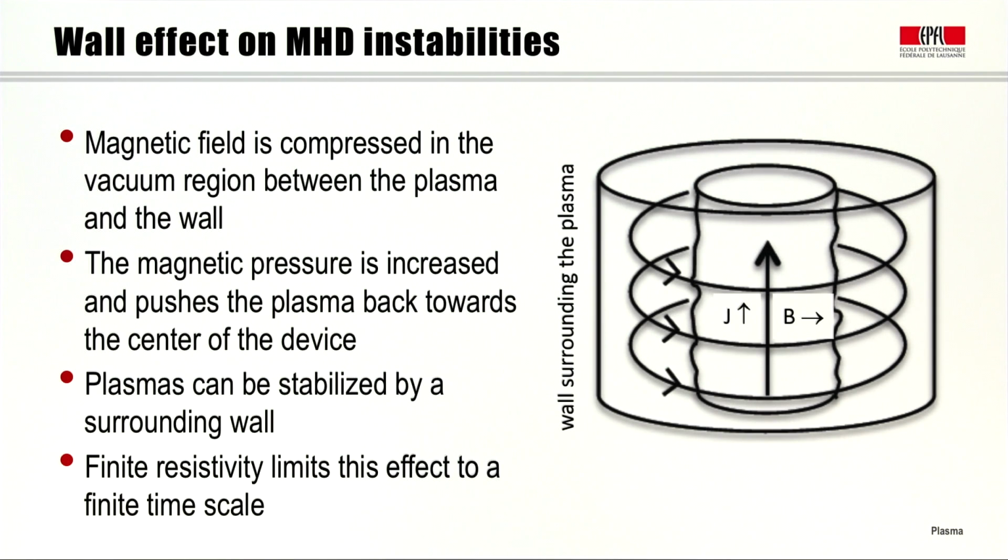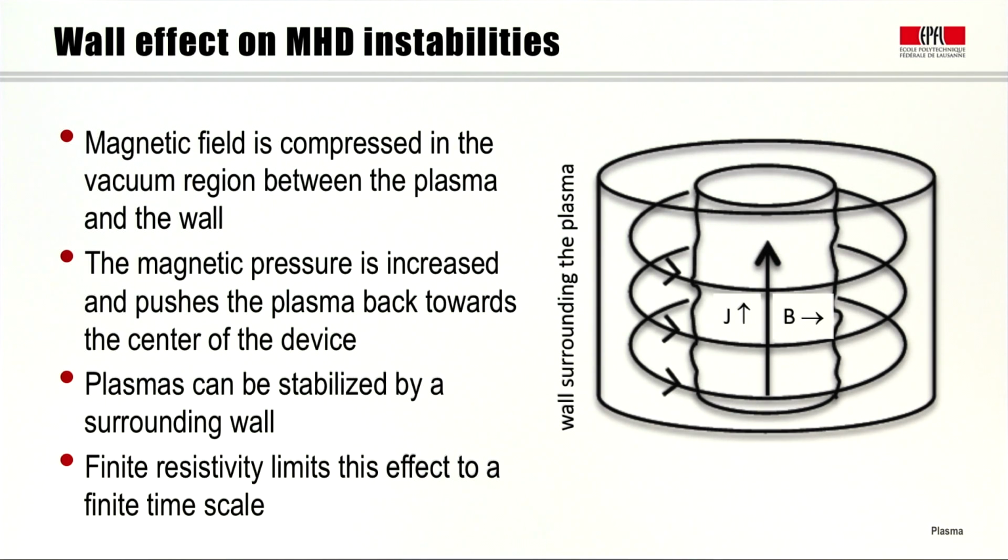We can now go back to the effect of the wall on MHD instabilities. When the plasma is pushed towards the wall, the magnetic field cannot penetrate into the wall, so the magnetic field is compressed in the vacuum region between the plasma and the wall.